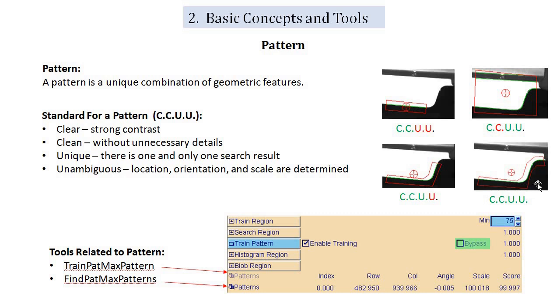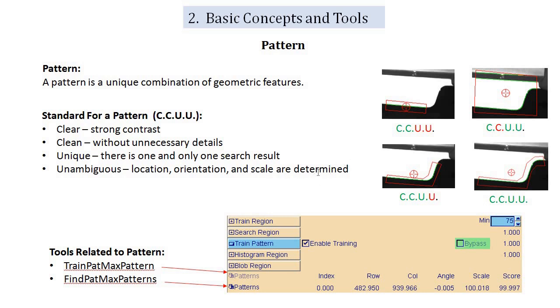Why the scale is determined? Because you see there is a small line segment here and a line segment here. These two are almost parallel, right? And then there is a distance that can be measured between these two line segments. And since the distance can be determined, the scale is determined.